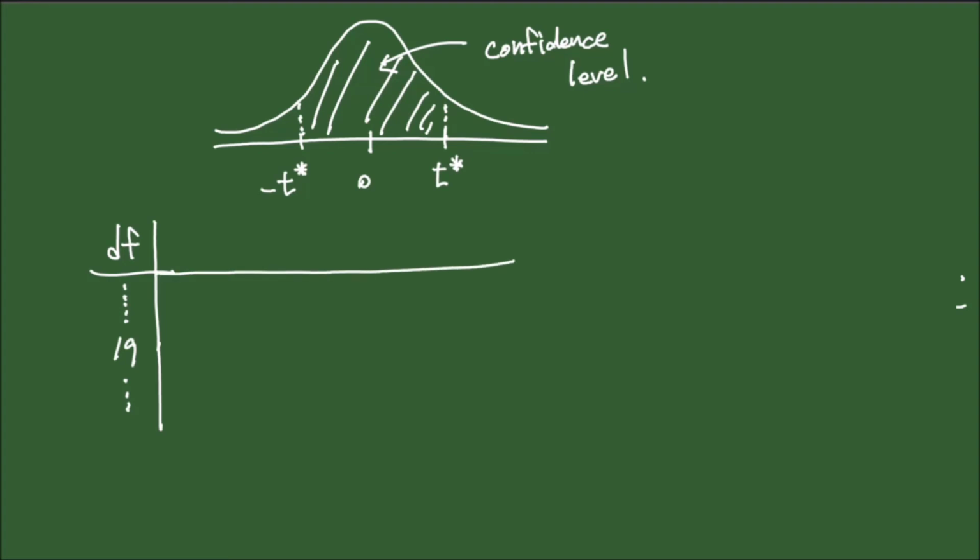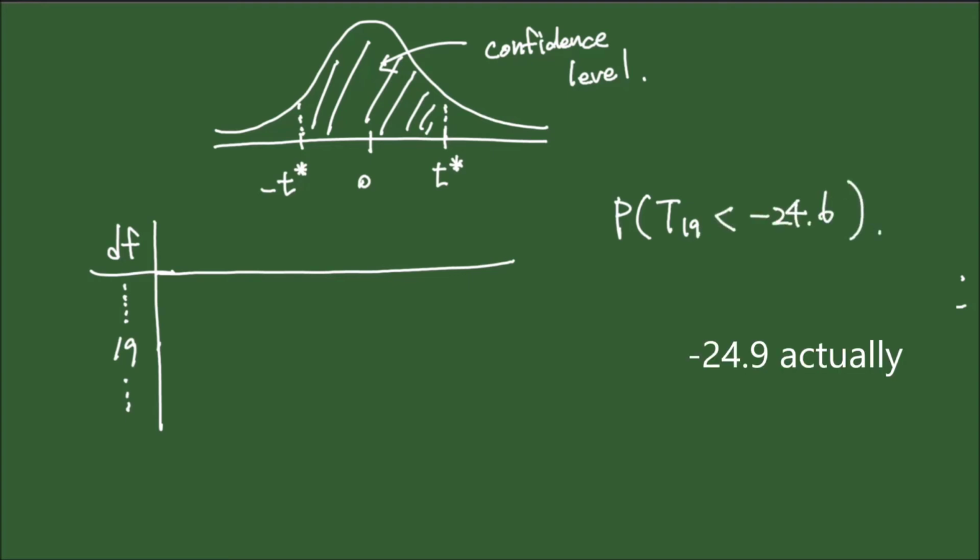And to calculate the probability that t19 is less than negative 24.6, what we should do is remove the sign, which means 24.6.